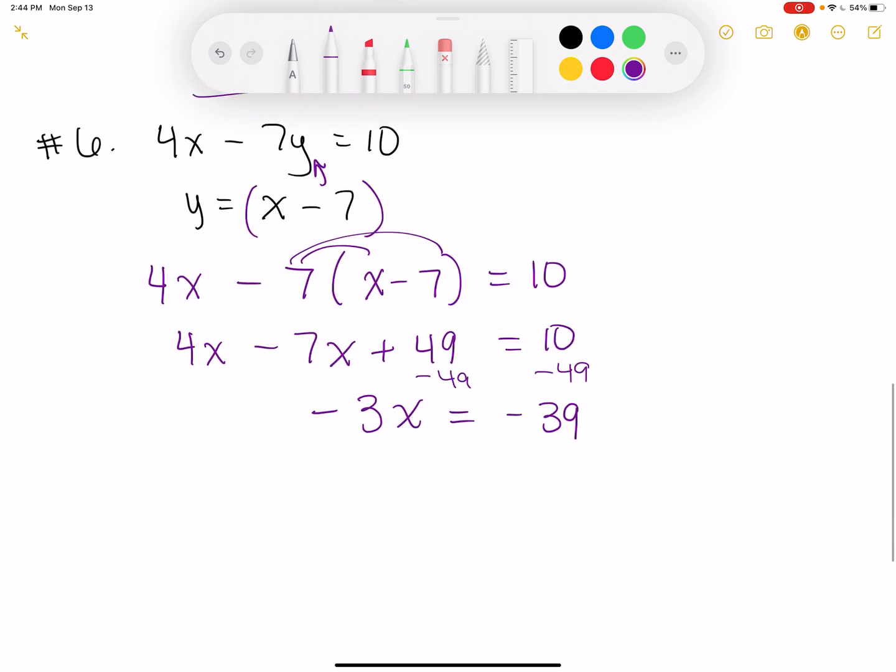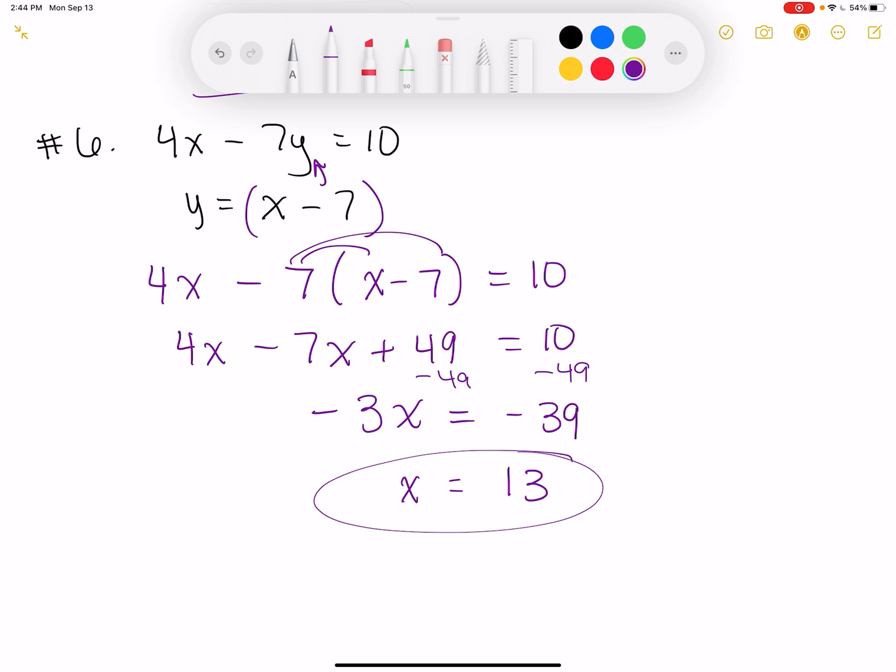So what is x equal to? 13. They were both negative, so it becomes positive. I just circle it to keep up with it. It helps me to not lose where that number is.